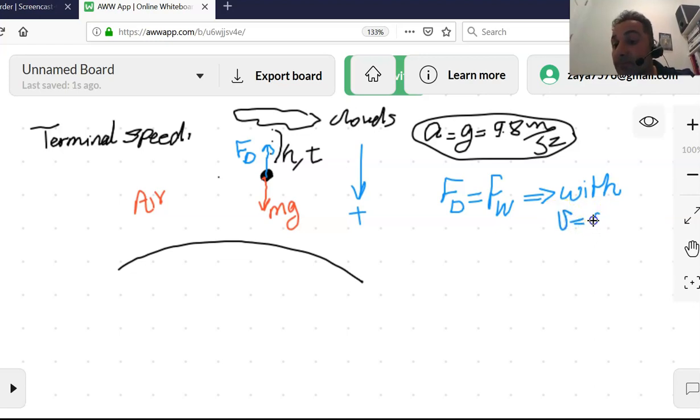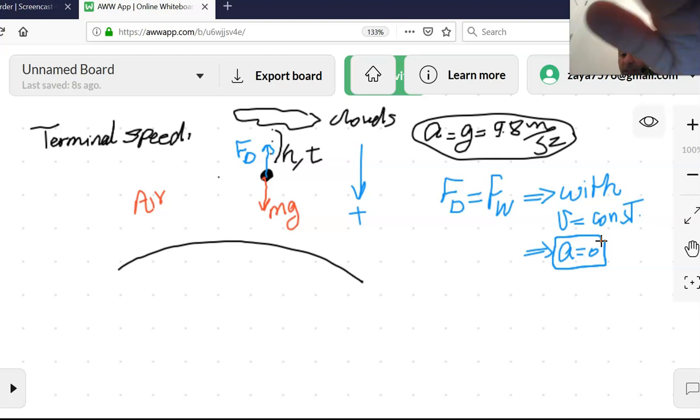Remember, v becomes constant, so your acceleration is 0. So please do not say it falls by constant acceleration. If it goes by constant acceleration, it's free fall, it's motion with acceleration. But what is happening after time and height elapse, velocity becomes constant.